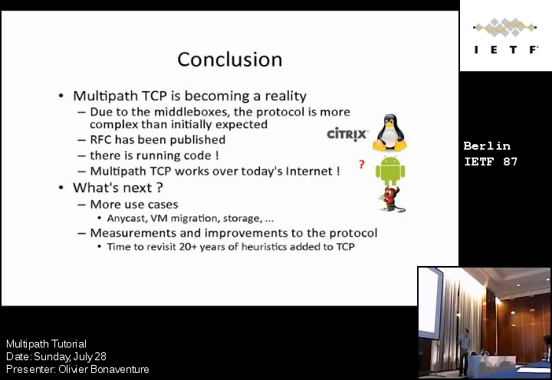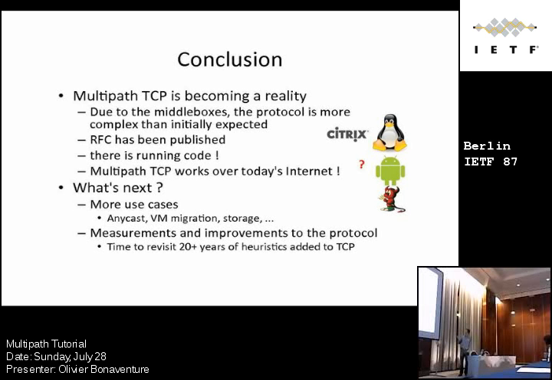There is running code. There is a reference implementation in the Linux kernel. It has been ported to Android. There is a load balancer which has been published by Citrix. There is an anonymous commercial operating system which has reported that they have implemented Multipath TCP completely. And there is an implementation going on in FreeBSD.